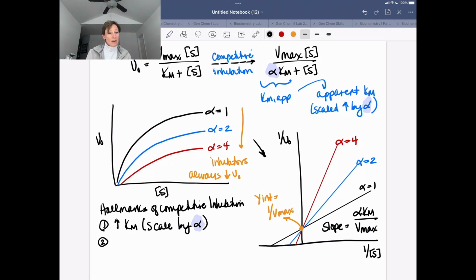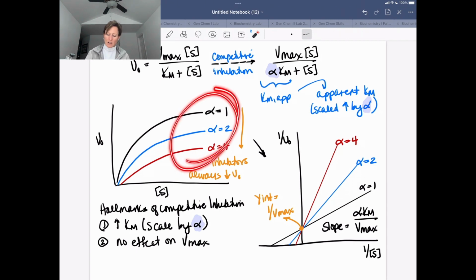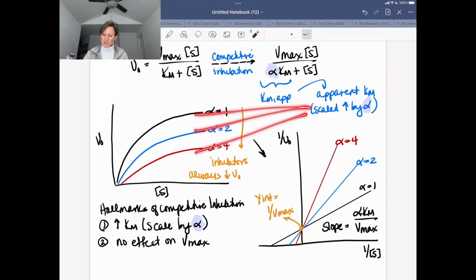The second hallmark is that there is no effect on Vmax, right? We can see that graphically, knowing that all of these converge on the same y-intercept, the same Vmax value. Now, we may not necessarily see it from here, but what that means is all three of these lines will eventually converge on the same Vmax value.